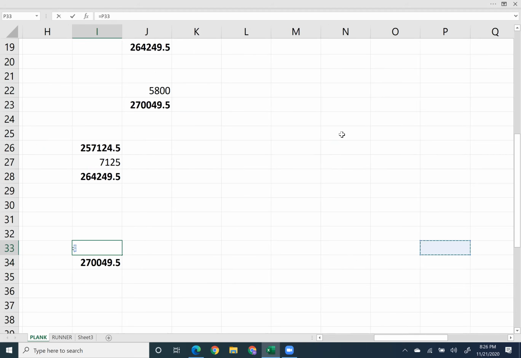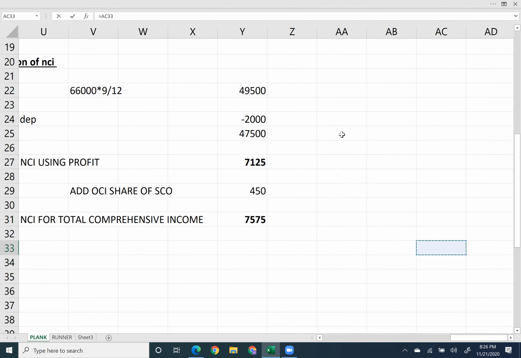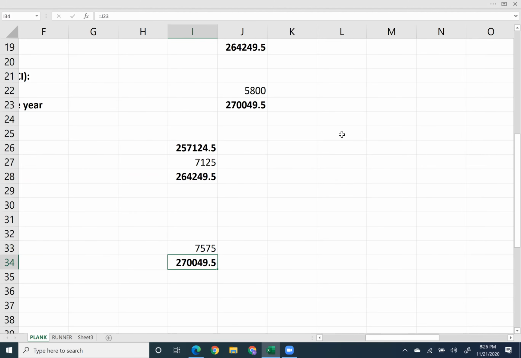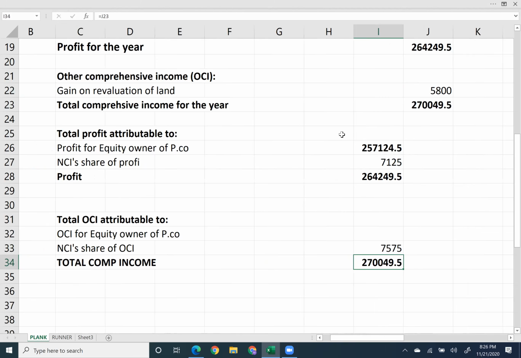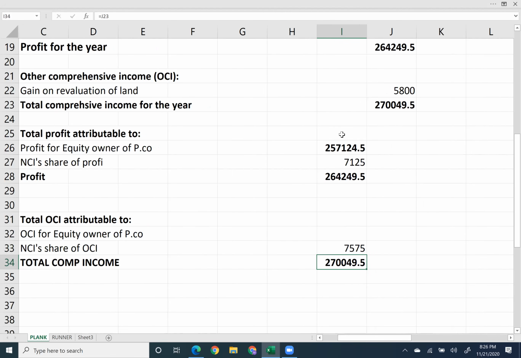This is the NCI share of total comprehensive income. Now let's see the share of parent company. This minus this. Okay, here you go. Your 18 marks done.